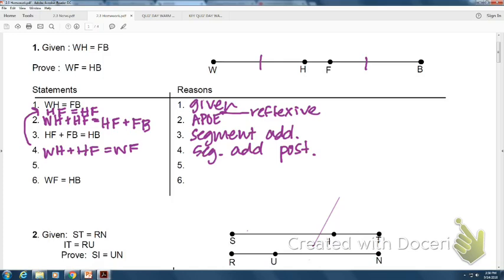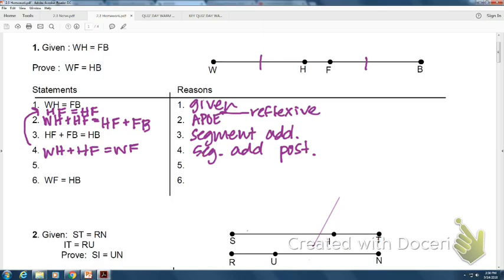Okay, so now I have HF plus FB equals HB, and WH plus HF equals WF. Okay, so I have HB and WF. So what can I say? WF equals HF plus FB.